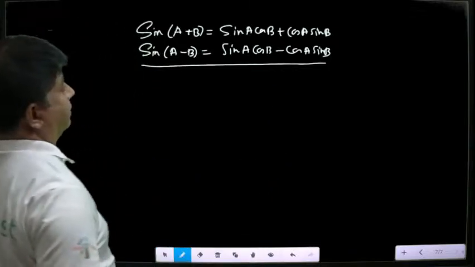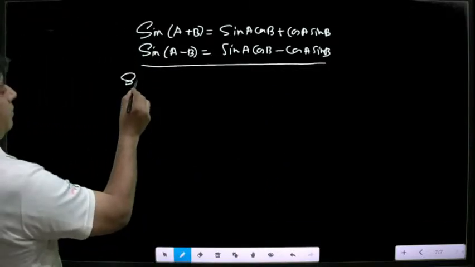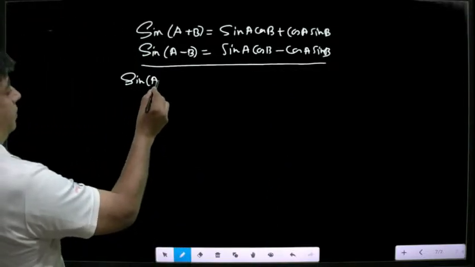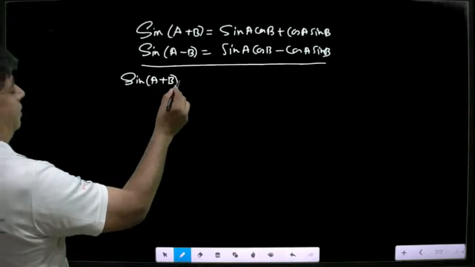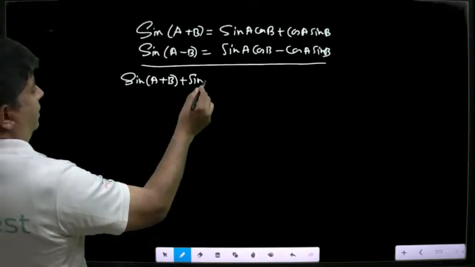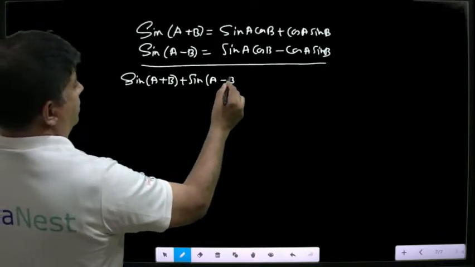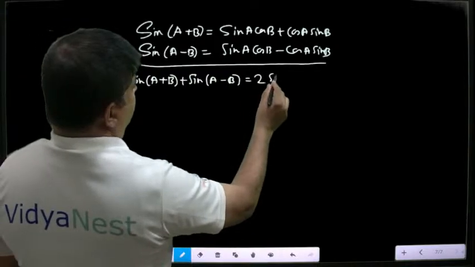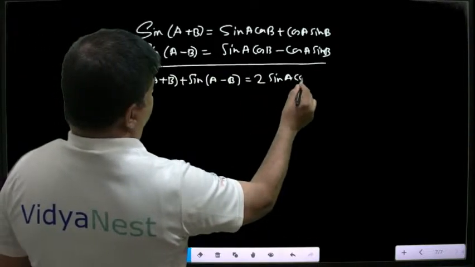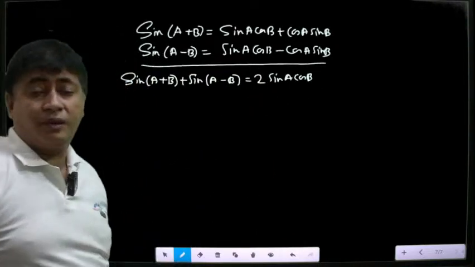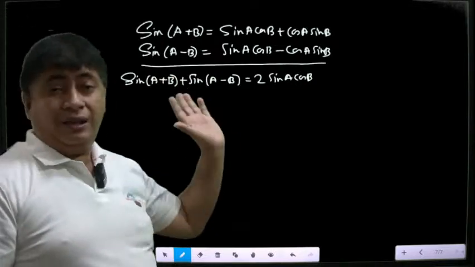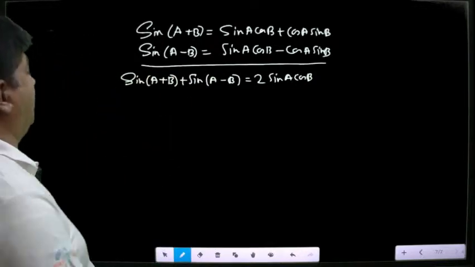You are adding, you will get what? Sin (A plus B) plus sin (A minus B) is equal to 2 sin A cos B. Okay? You added it and you have got a new property.